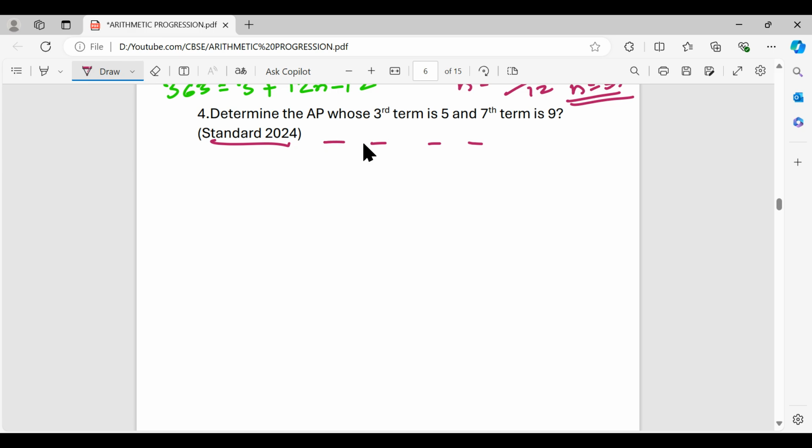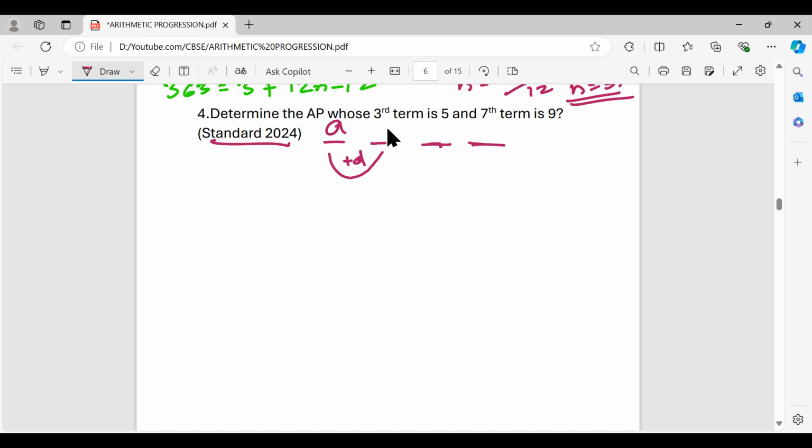To fill the terms here, I should know A, and to get the next term, I should know the common difference, right? So first we will try to figure out A or the common difference, whatever we can do.